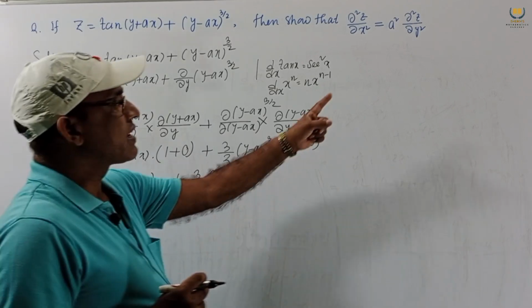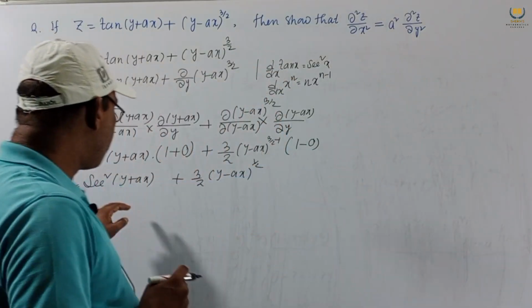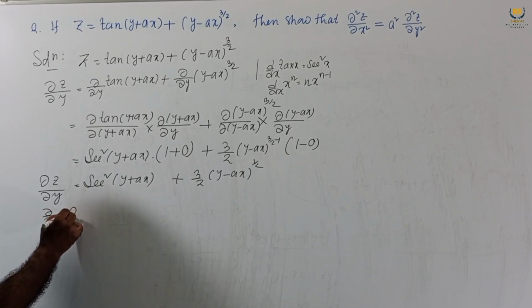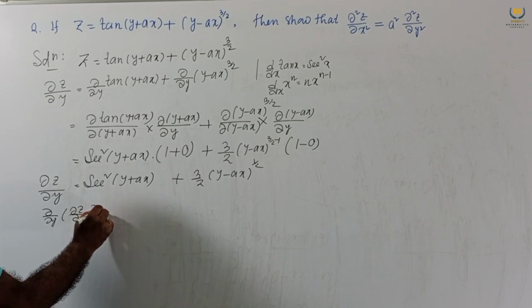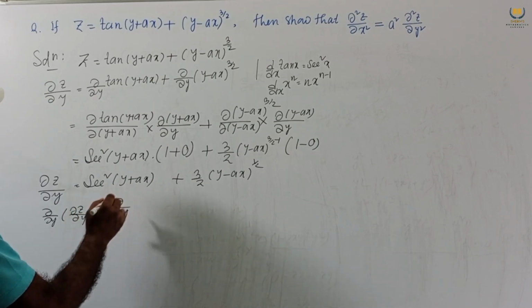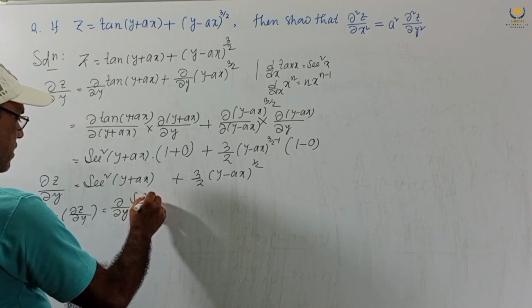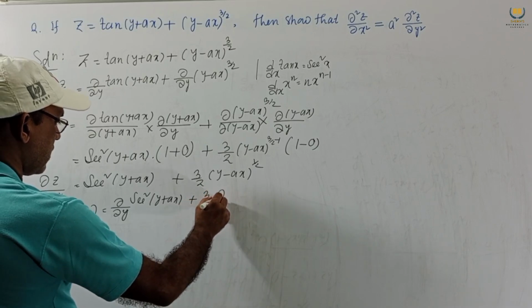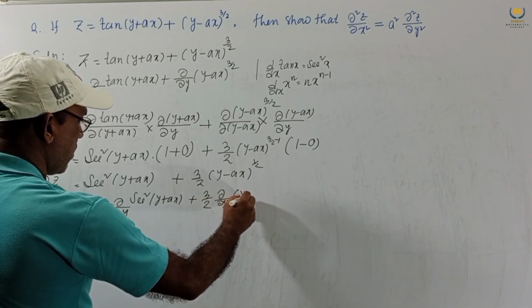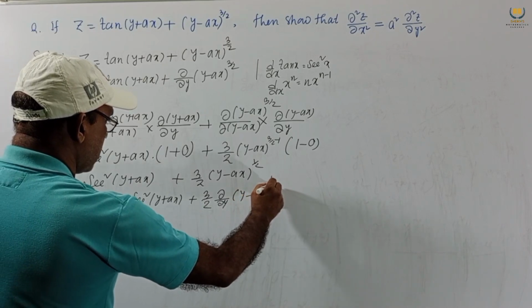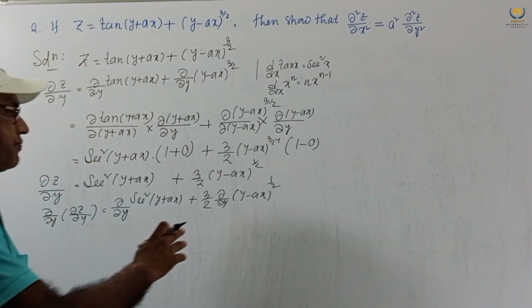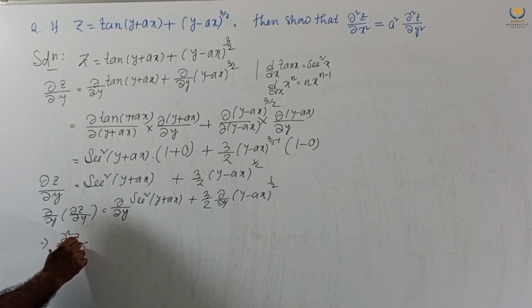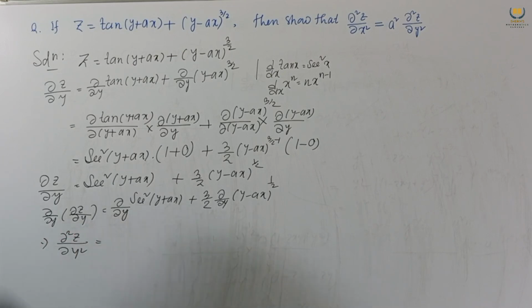But in our result, the second order derivative is given. Again we differentiate partially with respect to y. Del del y of del z del y equals del del y of sec square (y plus ax) into 3 by 2 (y minus ax) to the power 1 by 2. We get this, and this will be del square z del y square.